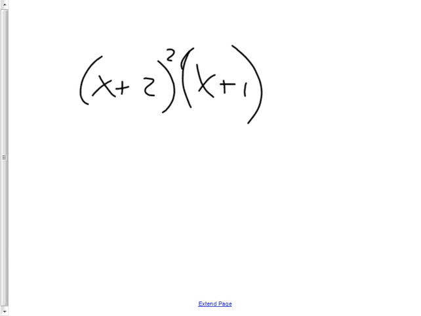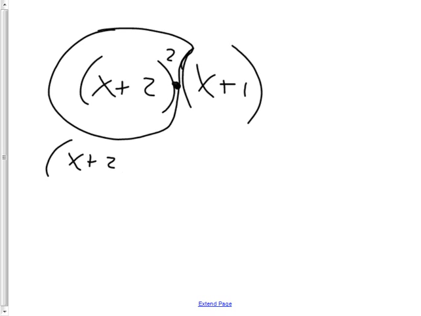That means you take this part and you square it first, because exponents come before multiply. See, there's a multiply happening here, but not until after you square it. So you'd square this first, and then that would mean x plus 2 times x plus 2, and then you'll times it by x plus 1.